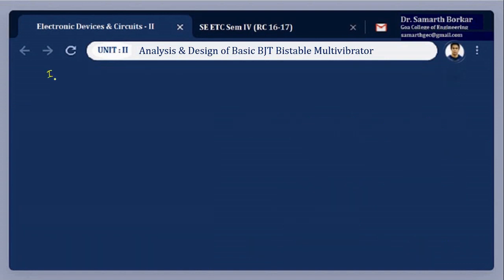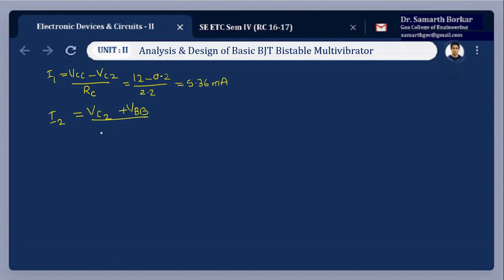Current I1 equals VCC minus VC2 by RC. Substitute the values, 12 minus 0.2 divided by 2.2. So the answer is 5.36 milliamperes. The steps are similar, the only thing is that we have to consider the junction voltages. So I'll keep on solving. I2 will be equal to VC2 plus VBB divided by R1 plus R2.